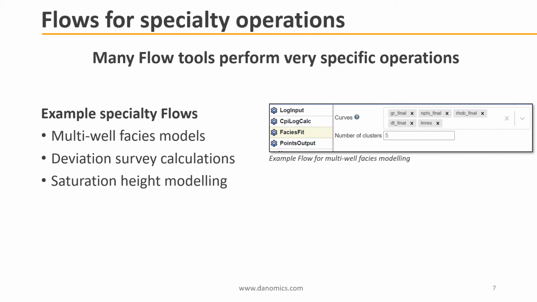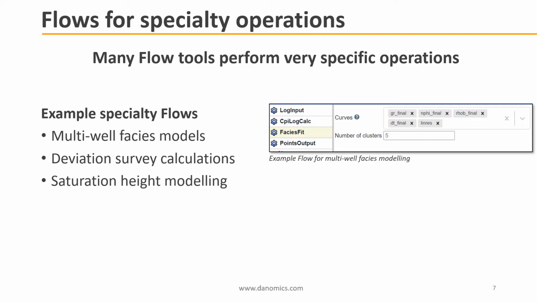And then for specialty operations, we do have some very specialized tools. For example, the multi-well Facies models, deviation survey calculation, saturation height modeling, and that's really one of the strengths of Flows. Sometimes these types of tools don't fit cleanly into either petrophysics or mapping or the decline curve analysis.